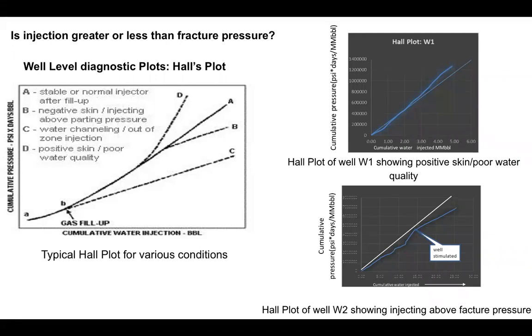There'll be a case of early water breakthrough, and even more serious cases if you're having out of zone injection. Out of zone injection will lead to water moving to places where you don't want, and this may cause much more serious issues like subsidence of a platform. So if you see your plot is going horizontal, then definitely it's a red alert, and you should stop injection, see why it is going that way, and rectify the problem.